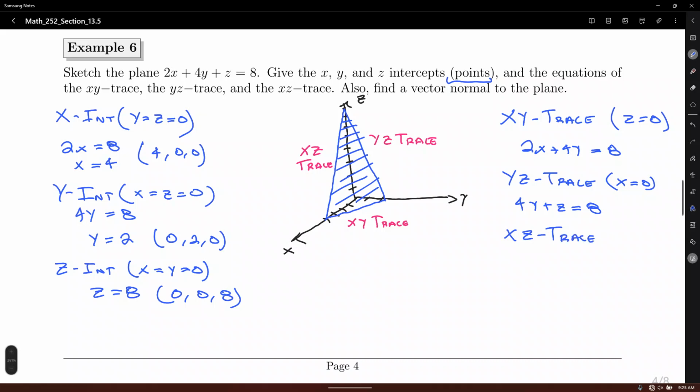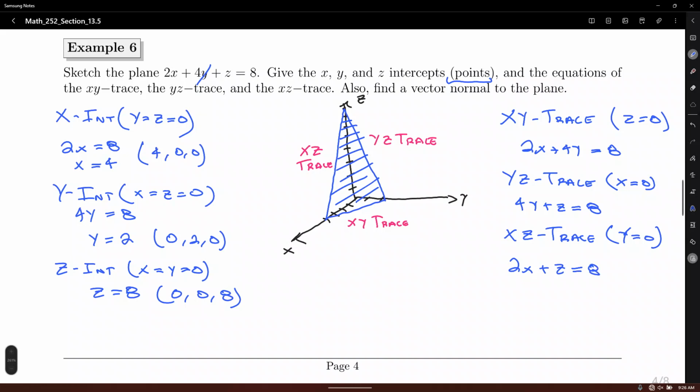Notice in the label, it's the y variable that's missing. That means we set y equals 0, and it's going to give us this diagonal line. Cross out the y. Essentially, that leaves us with 2x plus z equals 8.